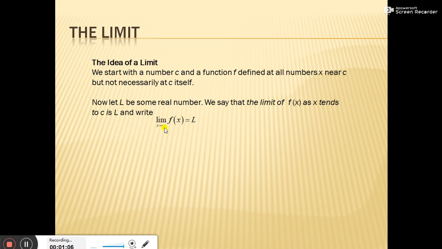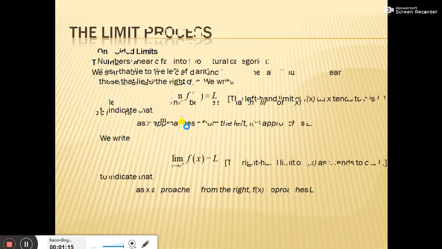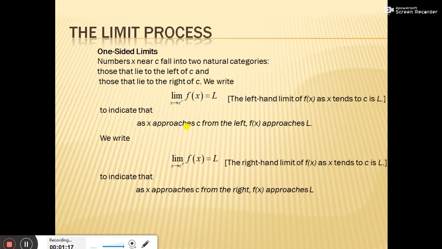That means we have slightly less than or slightly greater than c, and this limit x tends to c, f(x) is equal to L.